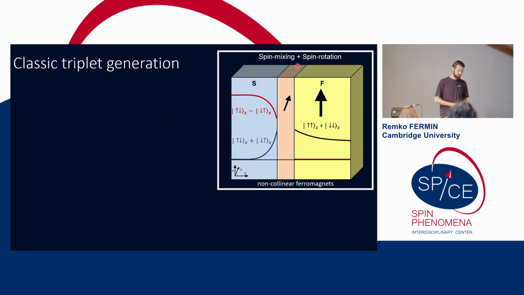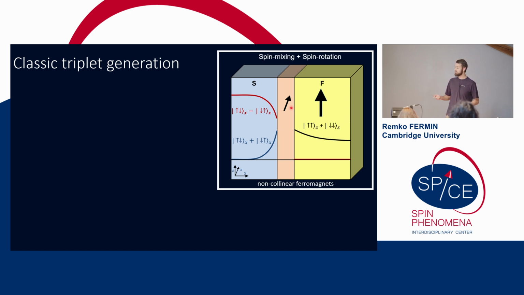All right, so how are they typically generated? Well, the classic way of generating long-range triplets is by the use of spin mixing and spin rotation. So it typically happens at interfaces of superconductors with non-collinear ferromagnets, where the first ferromagnet makes sure that there's this phase difference between the two incoming electrons of the Cooper pair that generates this short-range triplet that cannot penetrate the ferromagnet over long length scales.